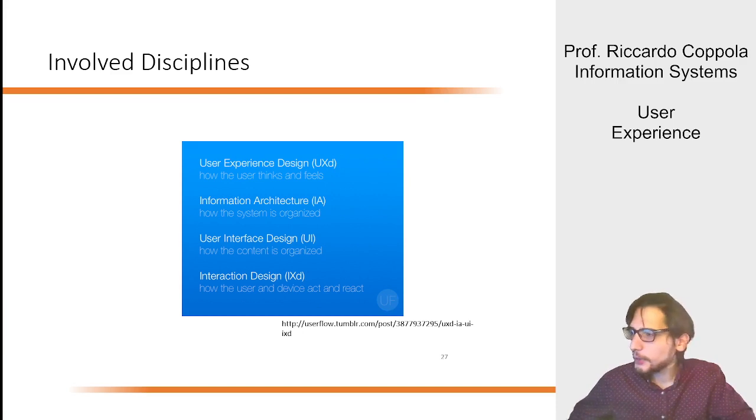And we have the user interface design, which is not completely the same thing as user experience design. The user interface design is related to the interface itself, not to the experience of the user. And finally, we can have the interaction design, which means how the interaction with the user interface is performed.